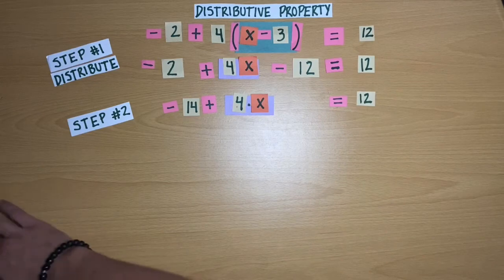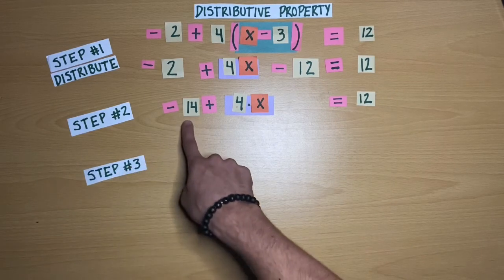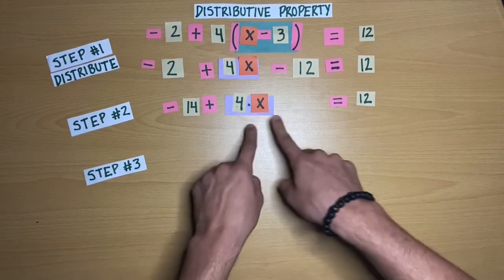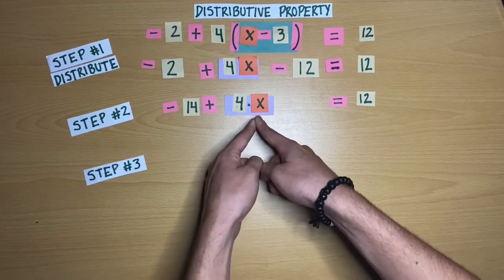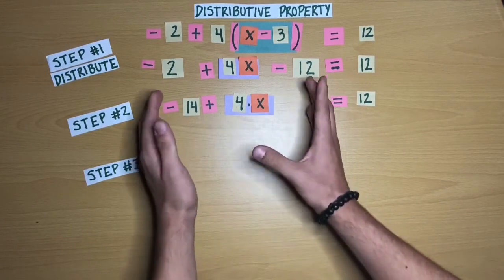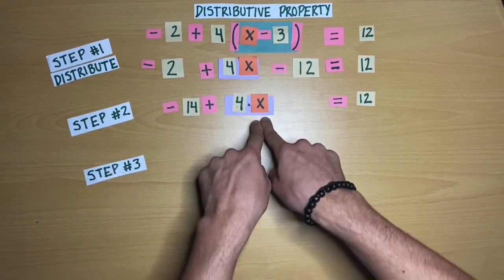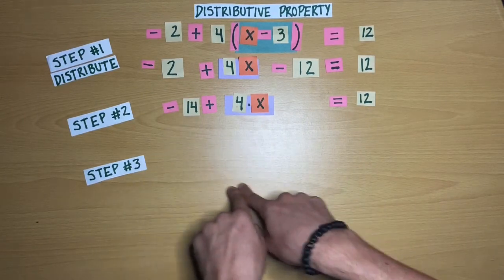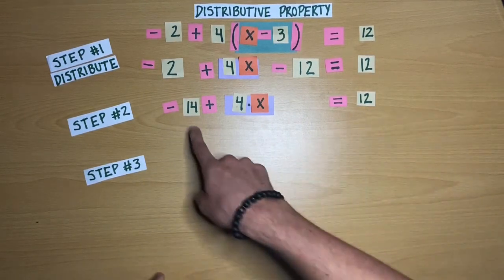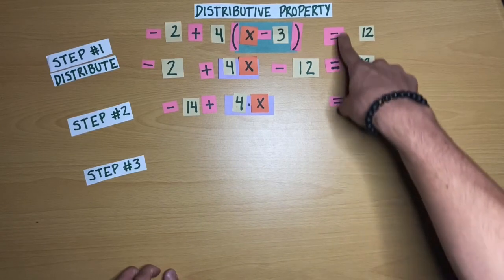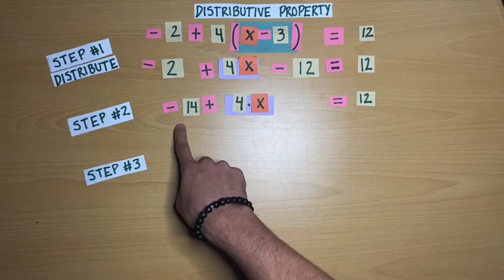So now, step number 3. Now that we have combined everything on this side, we want this x by itself. So we're going to move this over here. And again, by moving over the equal sign, you do the inverse.